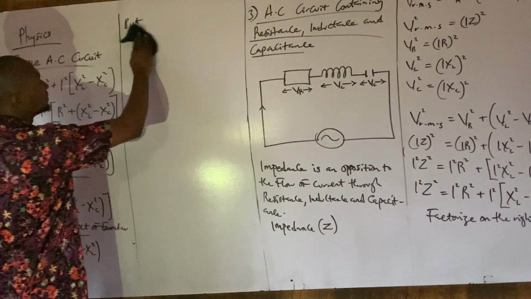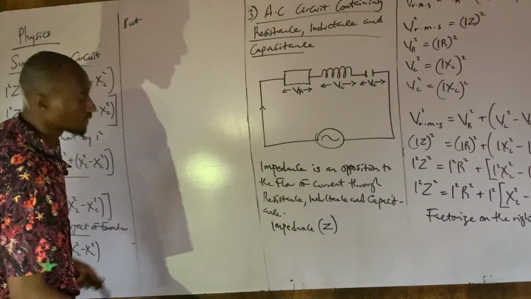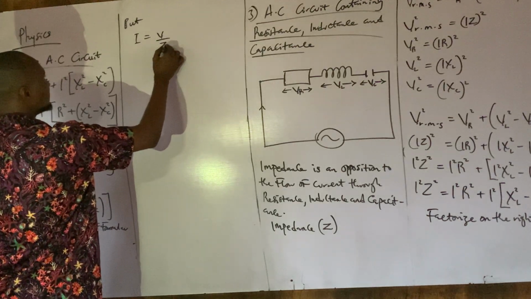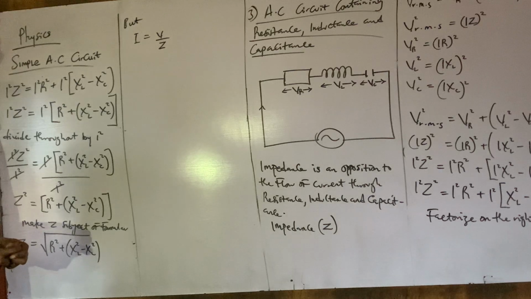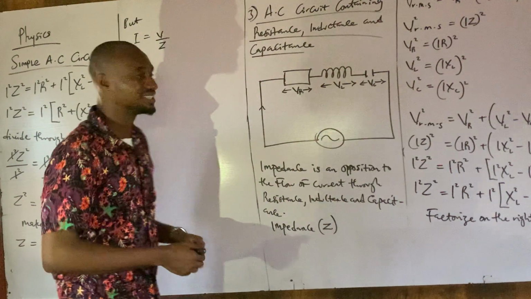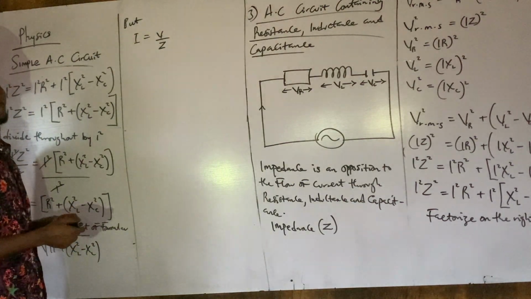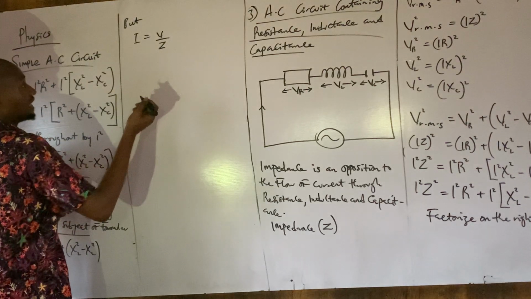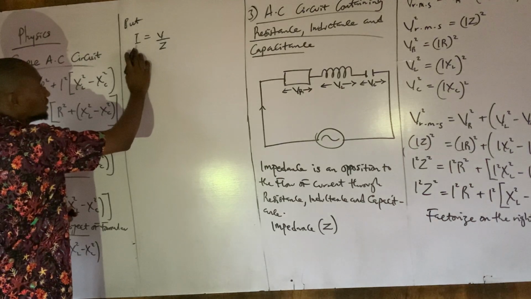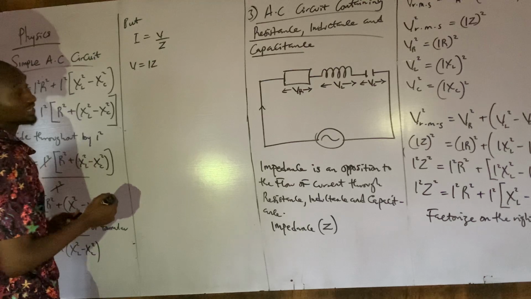V over Z. Remember that in this place we used V squared, use IZ. That is to say that V is equal to IZ. Do you understand now? Yes. V is equal to IZ, so I is equal to what? V over Z, that's what I'm saying. Do you understand now? Yes.